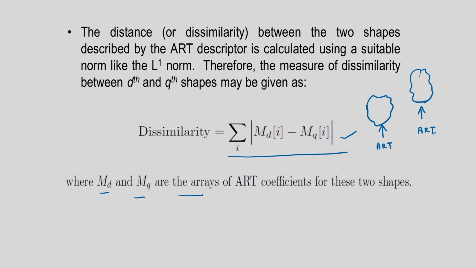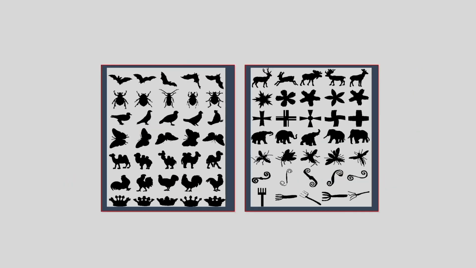And one application I have already mentioned, that is content based image retrieval. Suppose in my database I have all the images, and I want to retrieve a particular image from the database. Corresponding to this shape I have to determine the ART coefficients, and for all other shapes I store the ART coefficients.